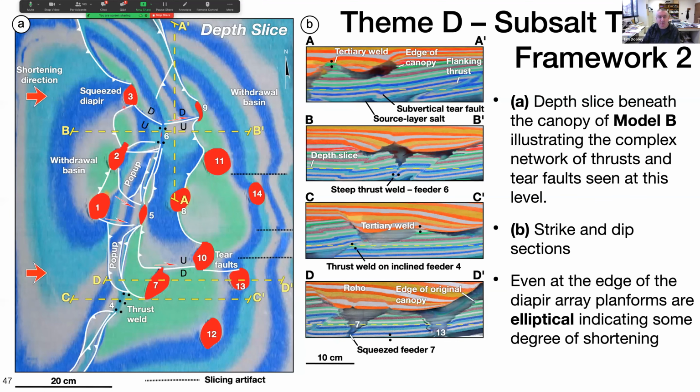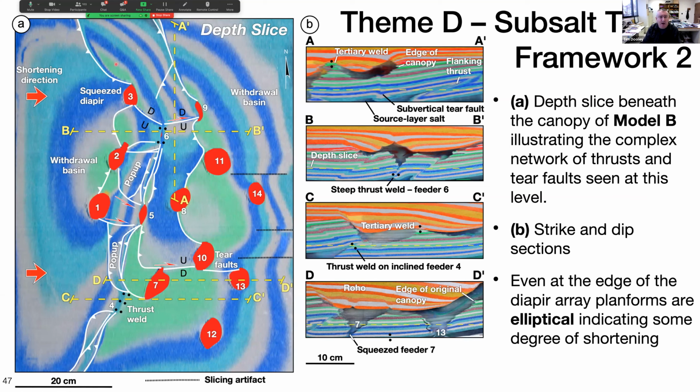And if we have a look once more at model B here, here is the depth slice on here.